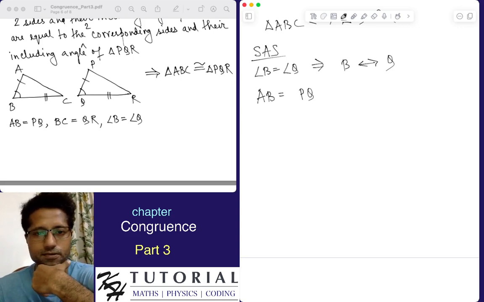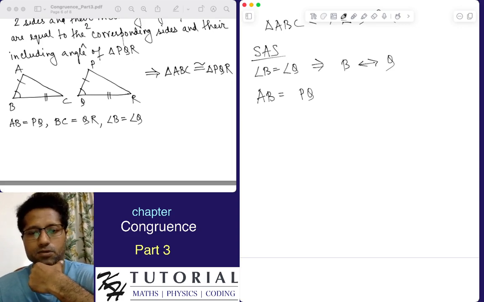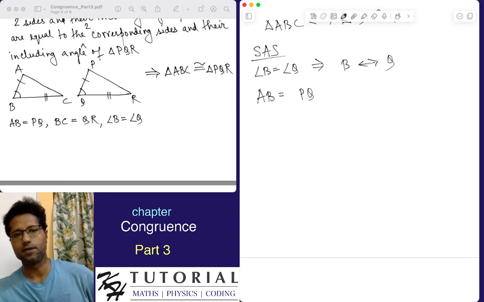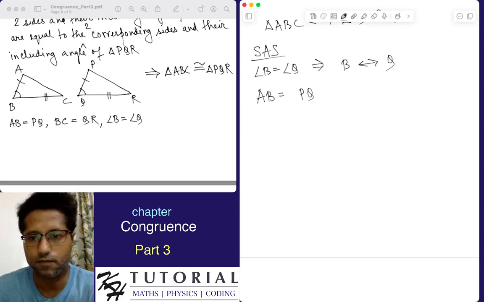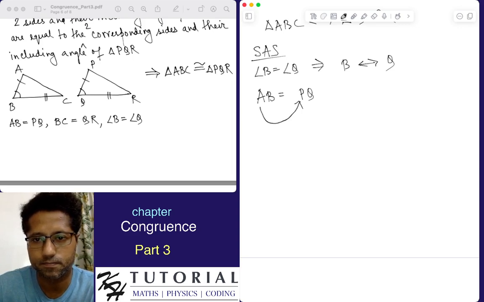So we know in this example that angle B is equal to angle Q. This automatically implies that B has been mapped to Q. If we know this, and we also know that AB is equal to PQ, and we know the mapping between B and Q, so we know that there is a mapping between A and P.